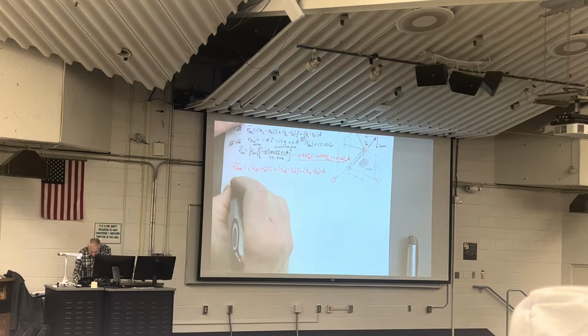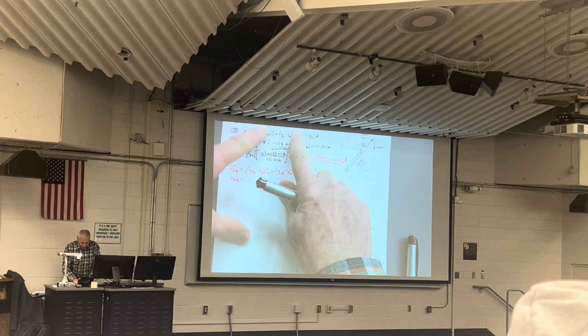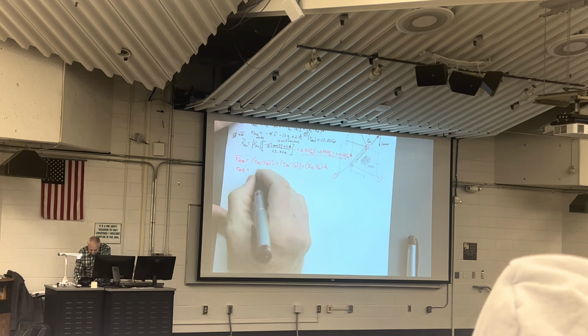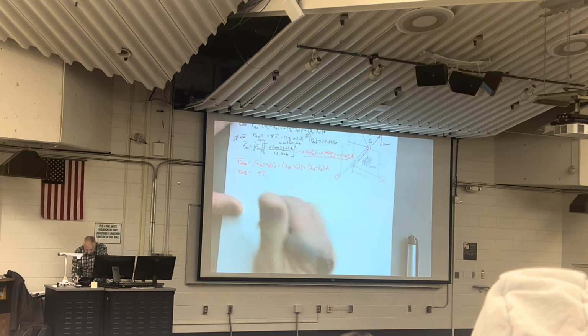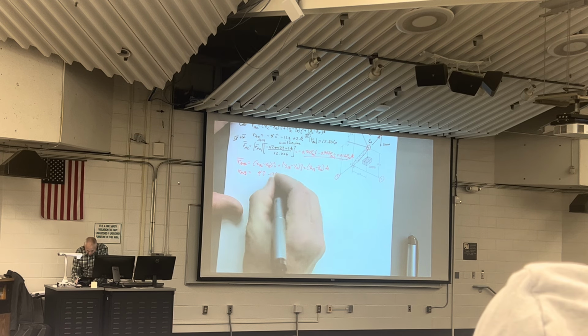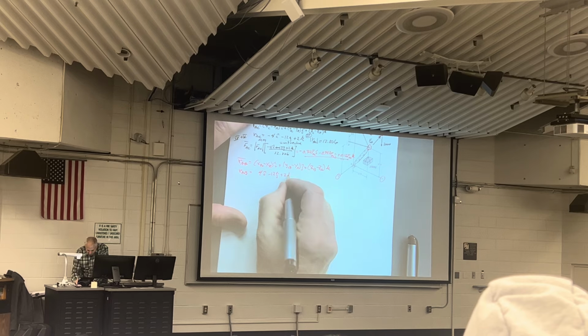Now I sit there and say RAB is, well, I need to find B and A. 4 minus 0, 4I. 0 minus 12, minus 12J. 12 minus 10, plus 2K.